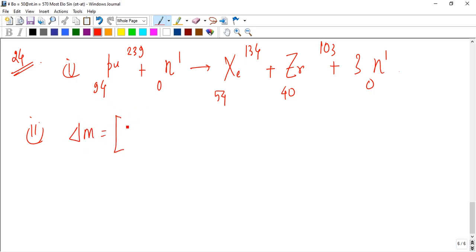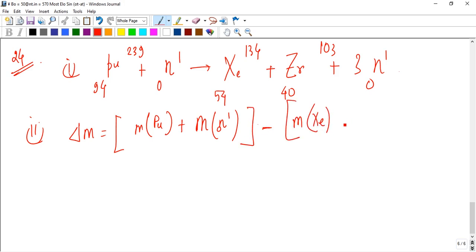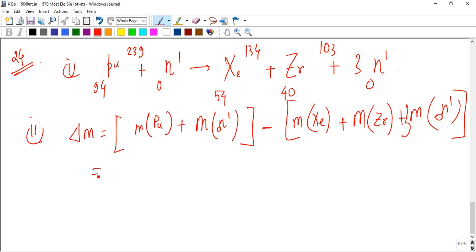So delta m equals the mass of plutonium plus the mass of the neutron, minus the mass of xenon plus the mass of zirconium plus 3 times the mass of the neutron. The mass of plutonium is given, so the data is given.